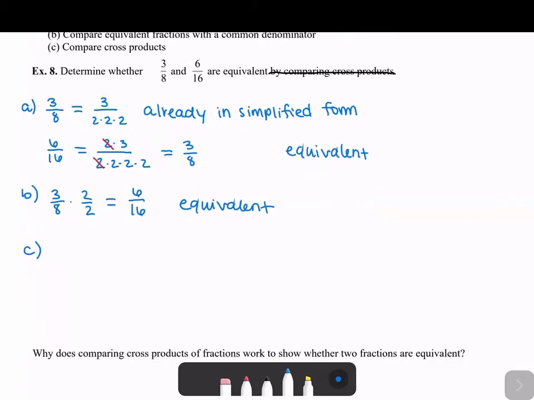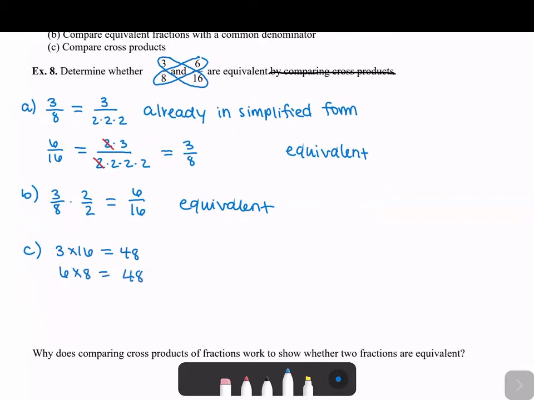So when we use the cross product, we group them like this. We multiply 3 times 16, we multiply 6 times 8. So 3 times 16 is 48, and 6 times 8 is also 48.